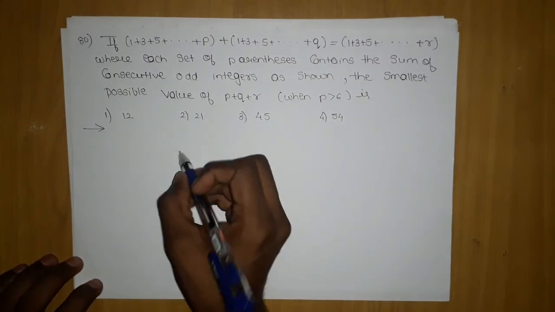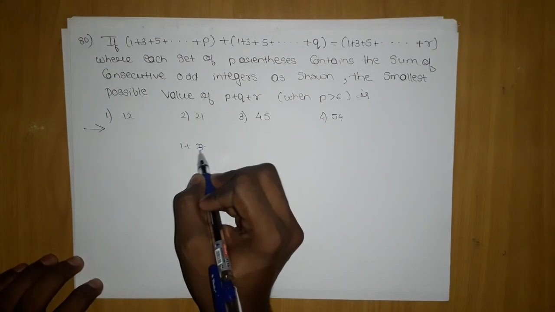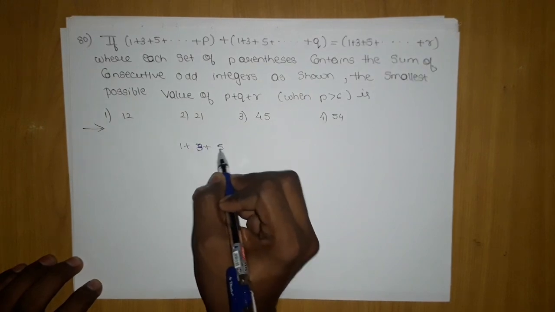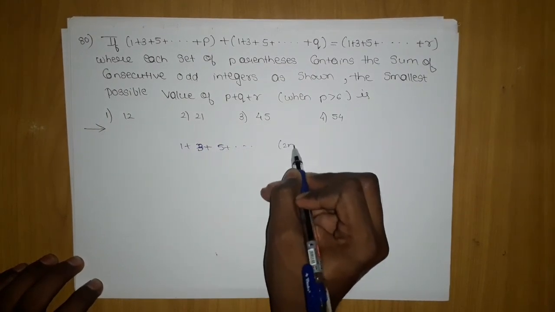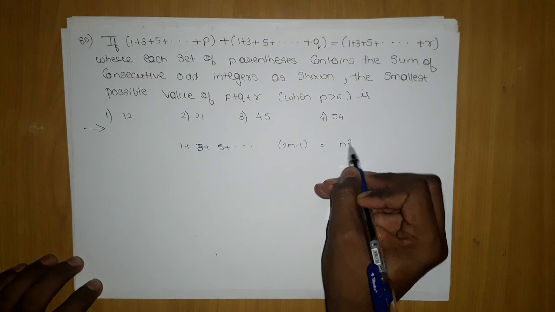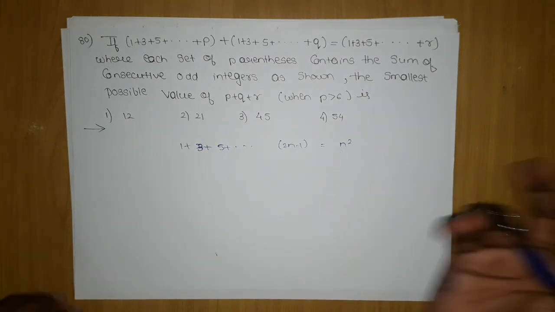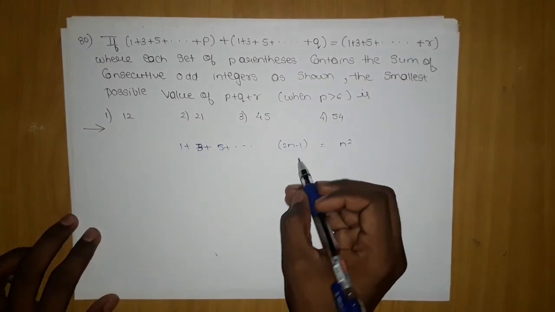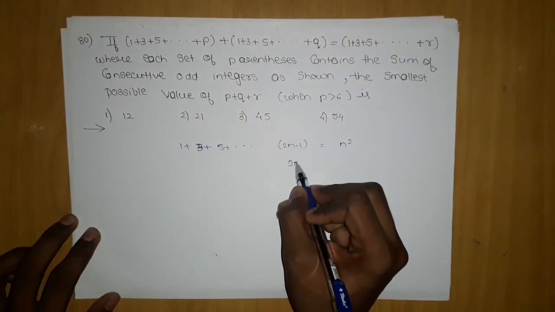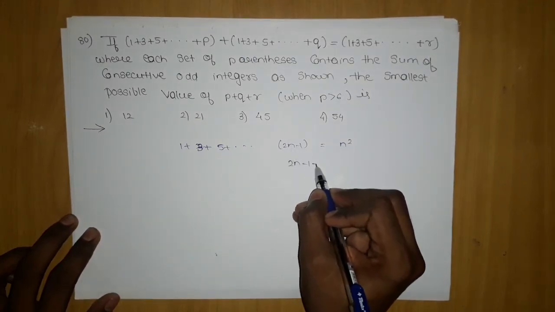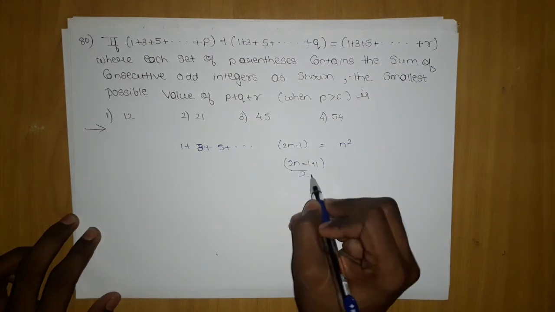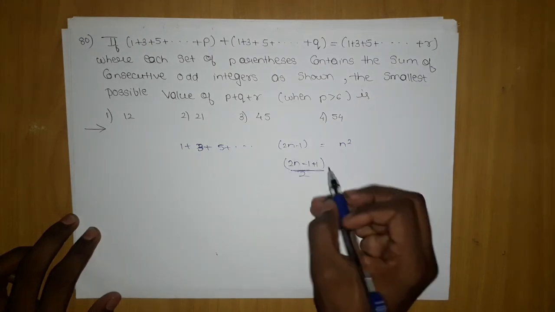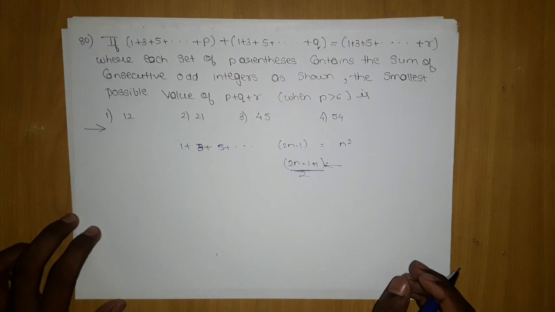Now you should know one thing, that the sum of an odd number of terms 1 plus 3 plus and so on, where the last term will be 2n minus 1, is nothing but n square. This we can write. If you apply the formula n into n plus 1 by 2, you will get it. Now we write this odd one as n minus 1 plus 1 by 2. This is manipulation which we do.